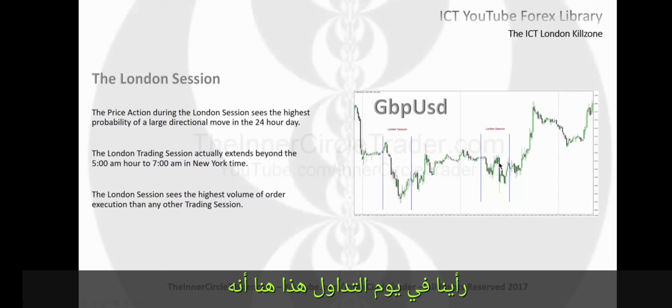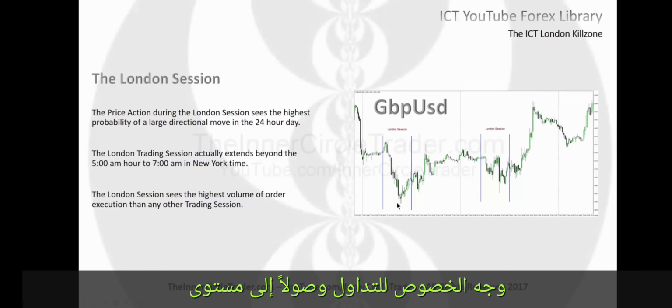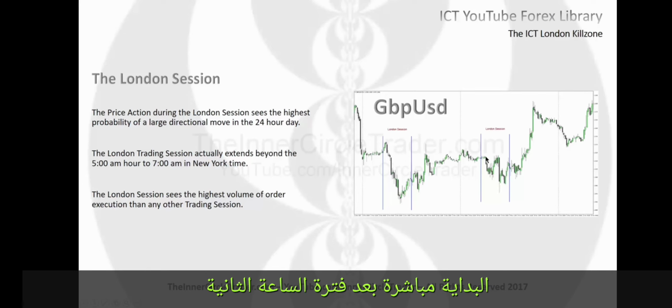Well, if we see in this trading day here, it creates a scenario where, let's assume for a moment that we were anticipating a bullish market move. Maybe this particular day it traded down to a level that was some kind of a support level, and we came off of it, traded consolidated, and then we came down initially right after the 2 o'clock time period, and price drops down into a significant low.